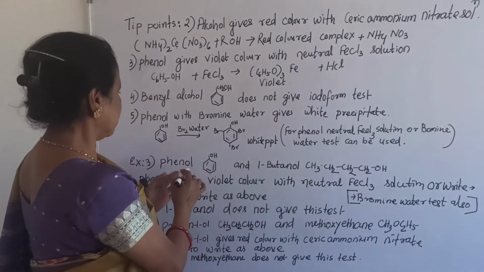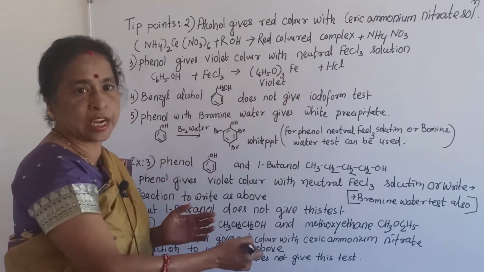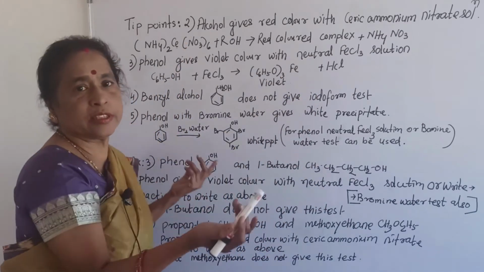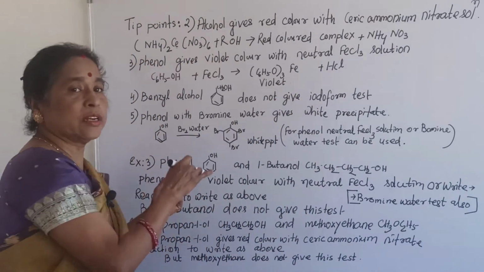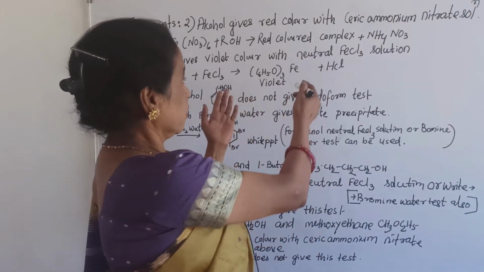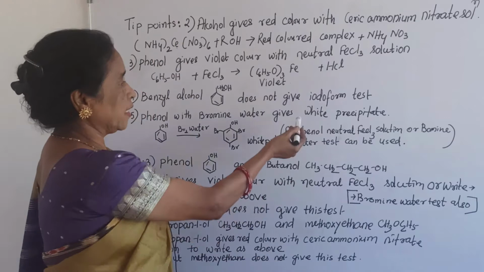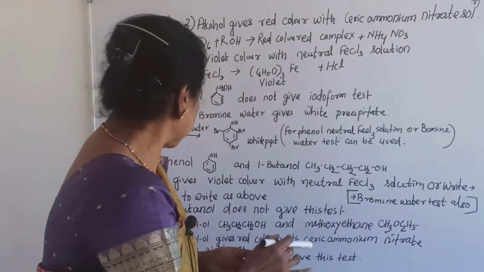You can write 1-butanol reacts with ceric ammonium nitrate and gives a red color complex, and on this side you write phenol does not give this test, or you can write phenol reacts with neutral ferric chloride solution and gives violet color, or white precipitate with bromine water. It is your choice.